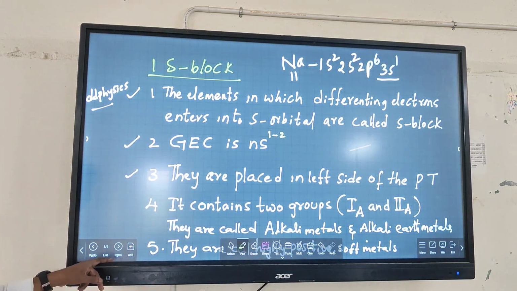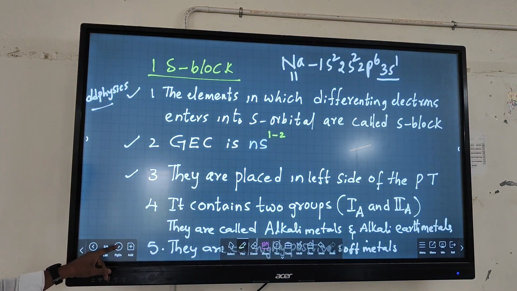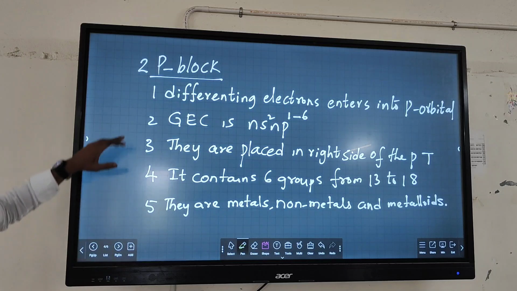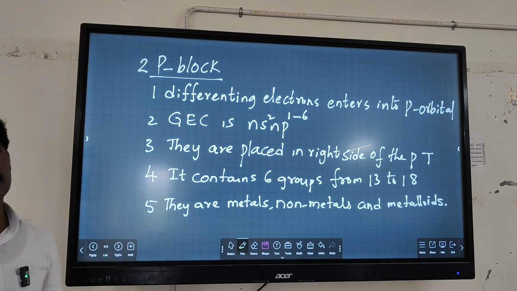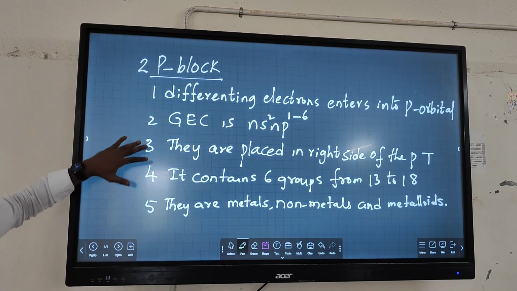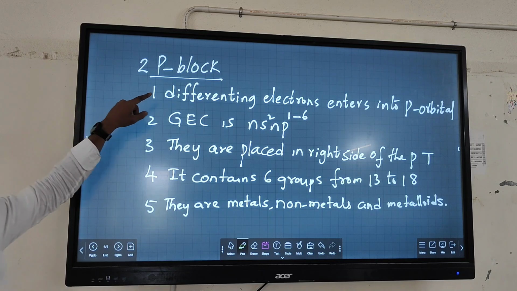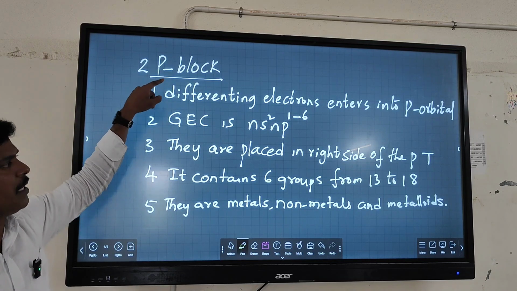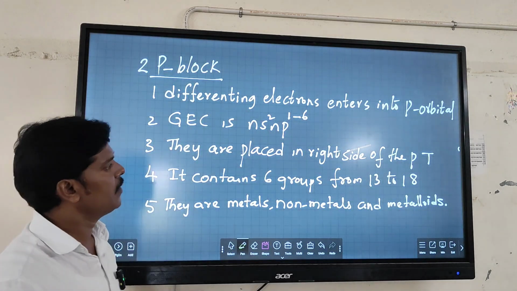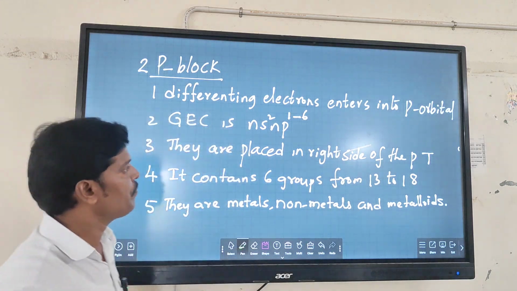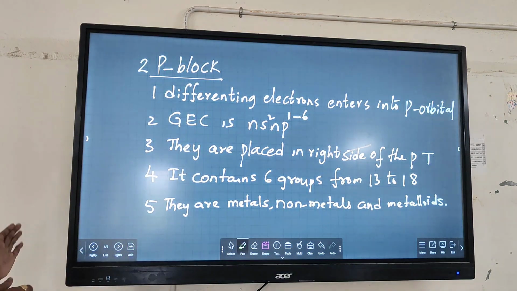Very similar to these 5 points, we write the P block elements. Here also we have 5 points. Number 1, the elements in which the differentiating electron enters into the p orbital are called P block, similar to the S block elements.